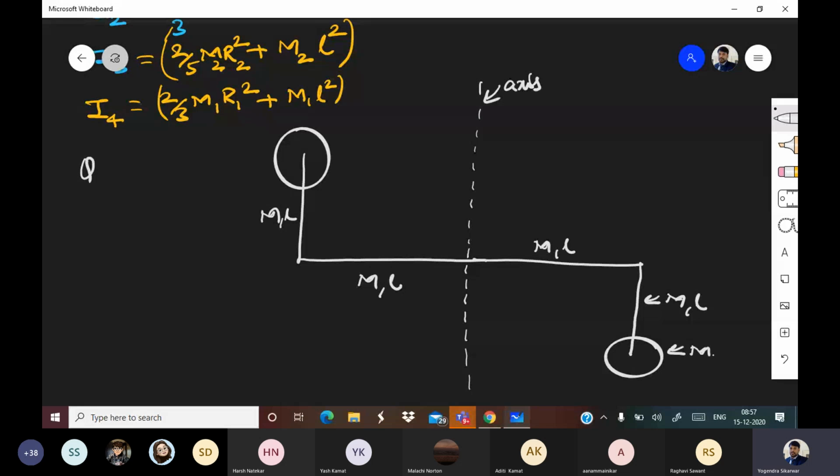This is mass M and radius R, and this is hollow sphere obviously, and this is MR solid sphere obviously. Find MOI of system about the given axis. Please find, everyone. Quickly find and give me the answer.